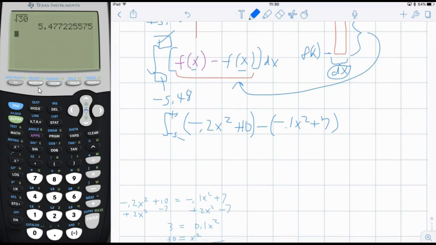Don't have enough room to write it there. And then dx. And so then when we simplify this, we're going to have negative 0.2x squared minus a negative 0.1x squared, so that's like a plus 0.1x squared. It's going to be negative 0.1x squared in total. And then we're going to have plus 10 minus a positive 7, so it's going to be 3, right?